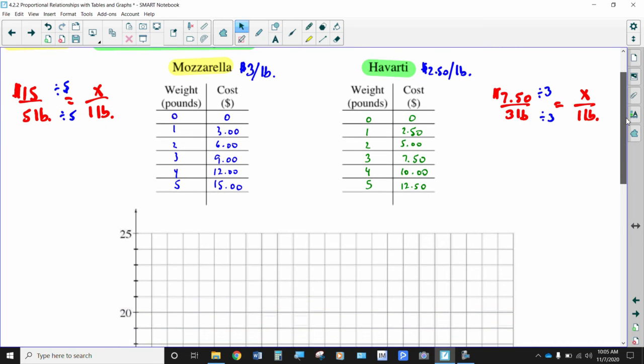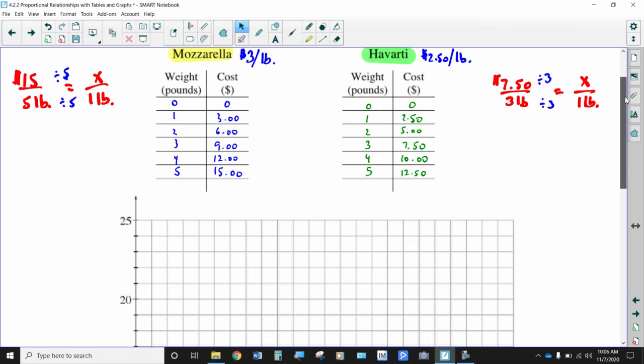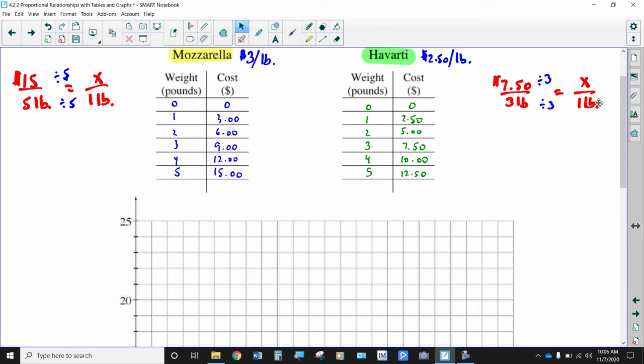If we were saying that in this situation you could only buy 1 pound or 2 pounds or 3 pounds or 4 pounds of mozzarella cheese, then buying 1.5 pounds would not be viable. Think of buying gallons of milk at the grocery store. They sell them by gallons. Of course, you've got your pints and your half gallons and your quarts and stuff like that.